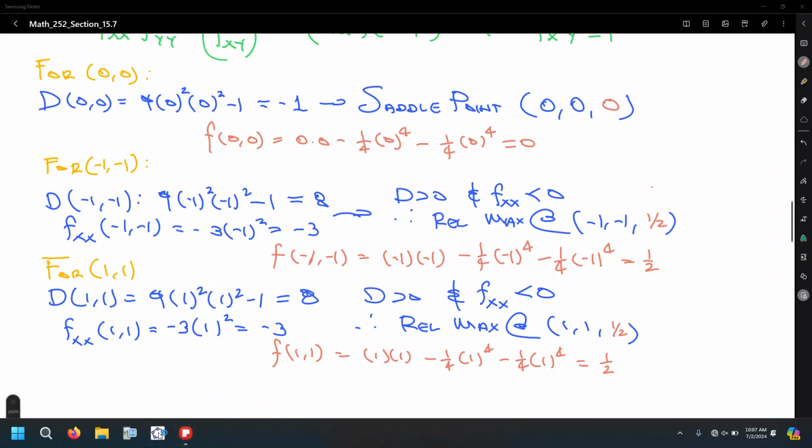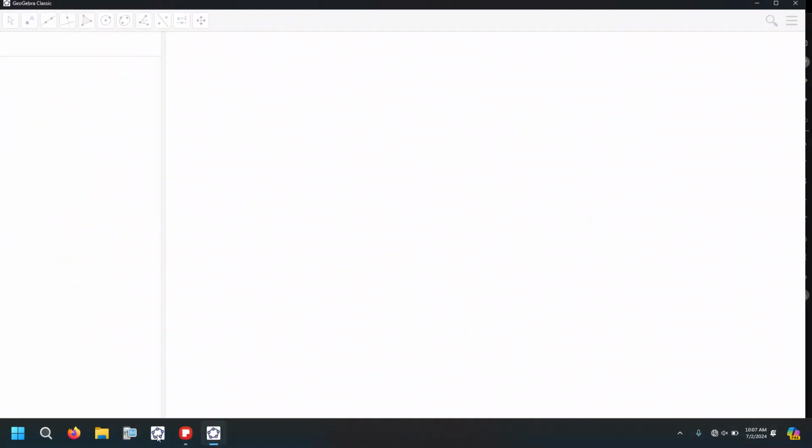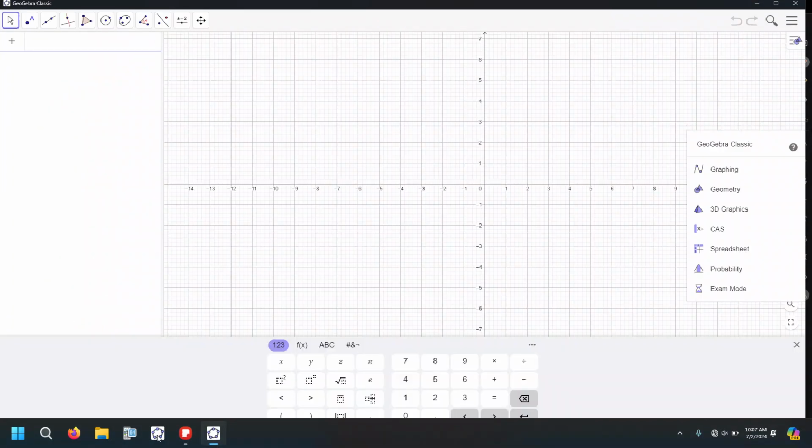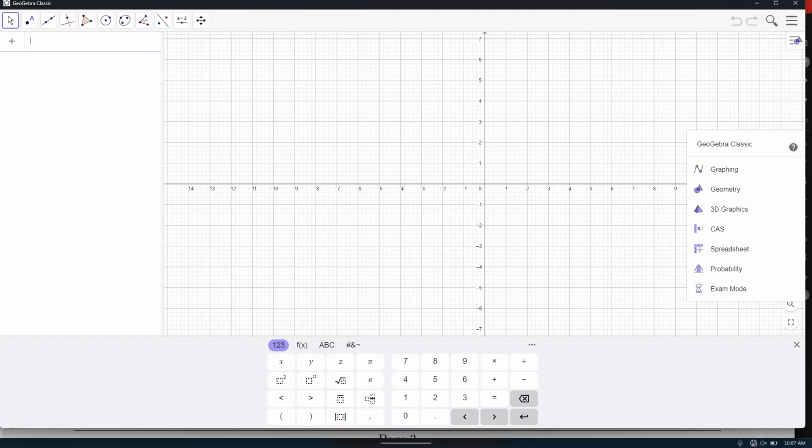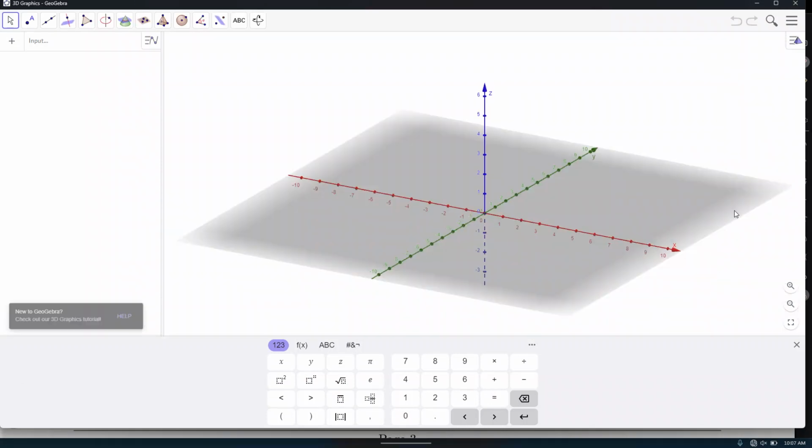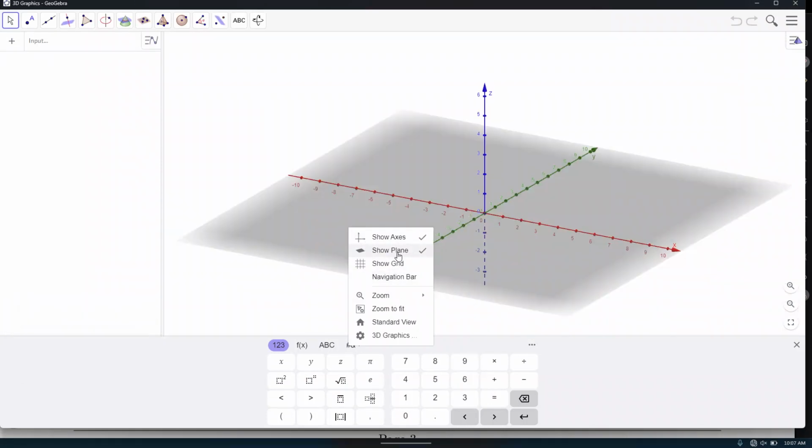Okay, so where's my keyboard? There it is. Let me switch to the 3D graphics and get rid of this plane.